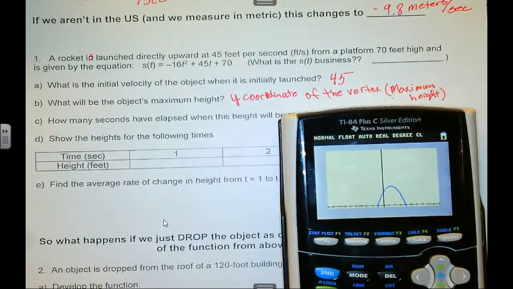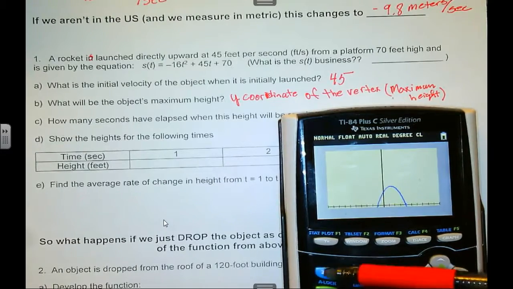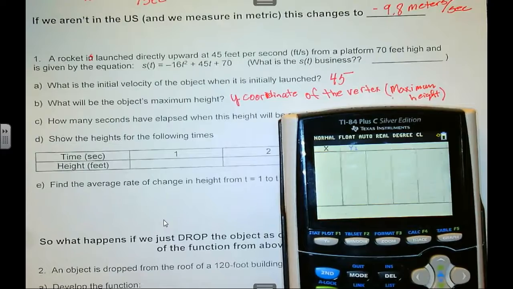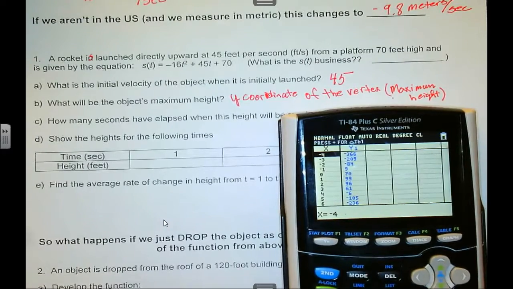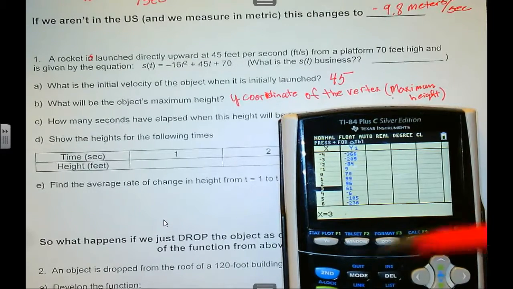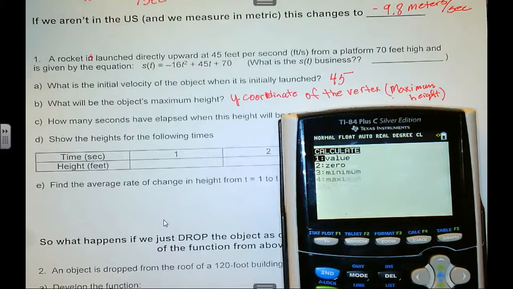Okay, so there's a couple of different ways I can do this. I could try to pick this off of my chart by going to second graph. And again, I'm looking for those y values that start to repeat, and I can try to get that vertex if I'm lucky enough. Let's see, that's not going to happen. So I'm going to have to do some calculations. I'm going to go to second trace.